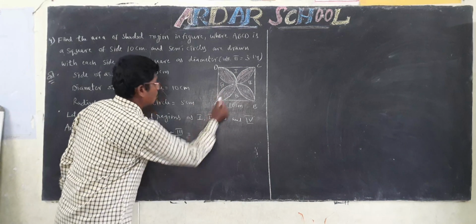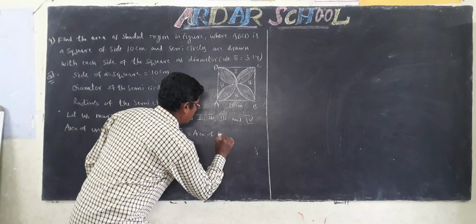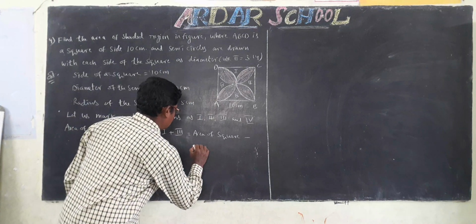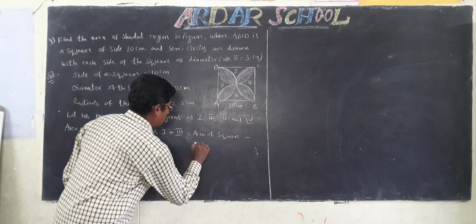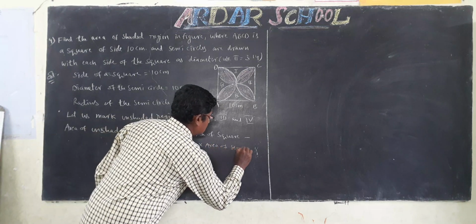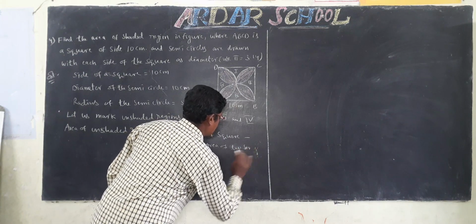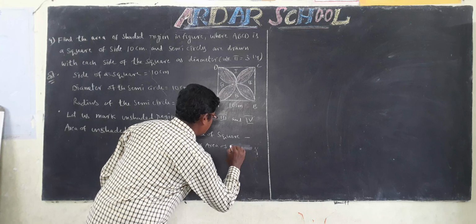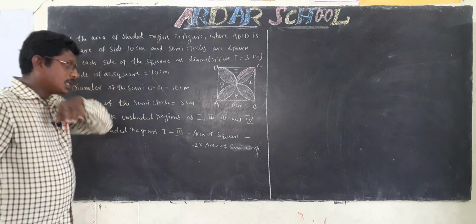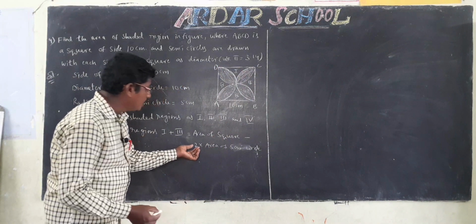Okay, now how to find it? Area of a square minus 2 into area of semicircle.